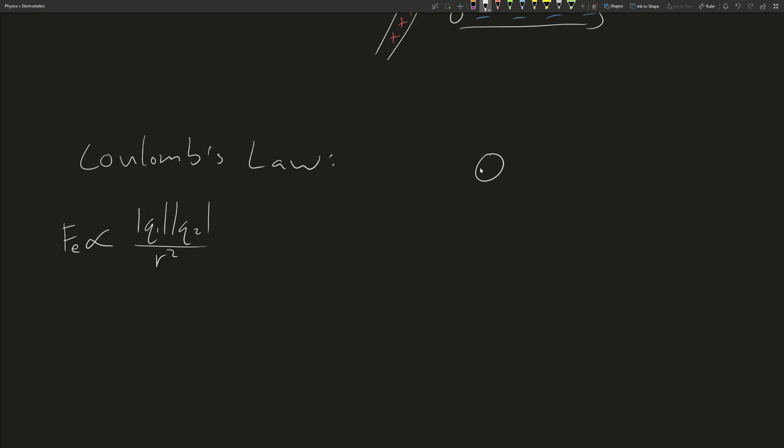So when you have Q1 and Q2, and then you have this distance R here, the magnitude of this force is going to be proportional to the magnitudes of the charges multiplied together divided by the square of the radius.